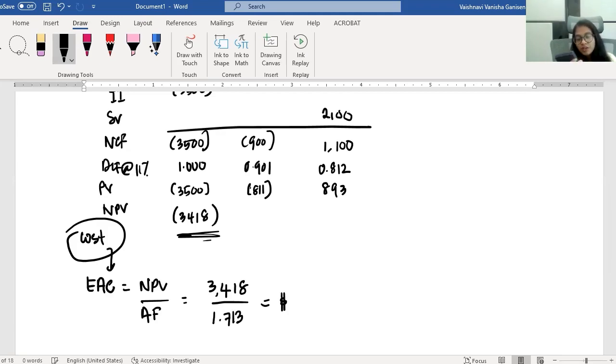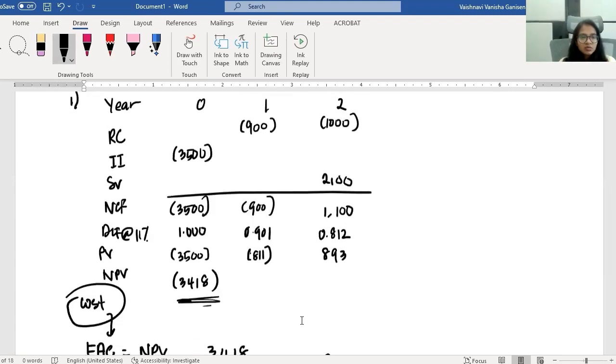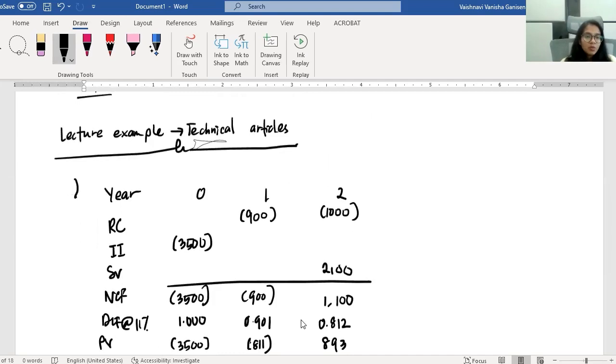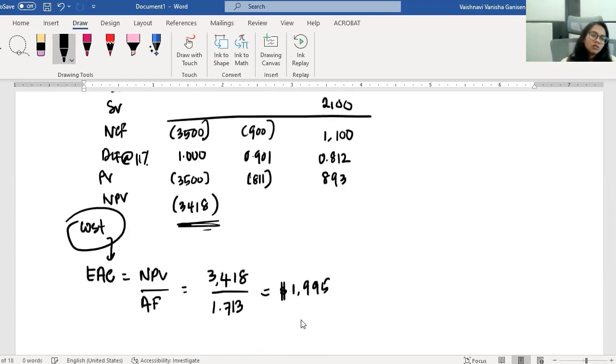So the cost of running the machine for 2 years will be 1,995. Now guys, this is only the first part where you calculate your EAC for 2 years. So this is EAC for 2 years.